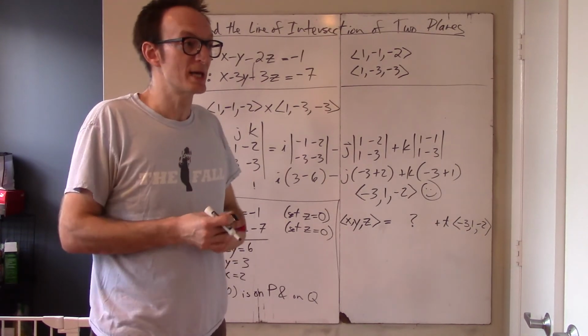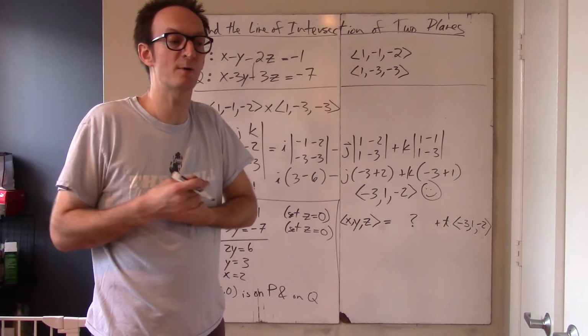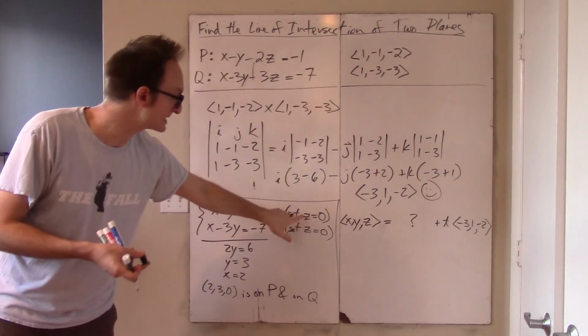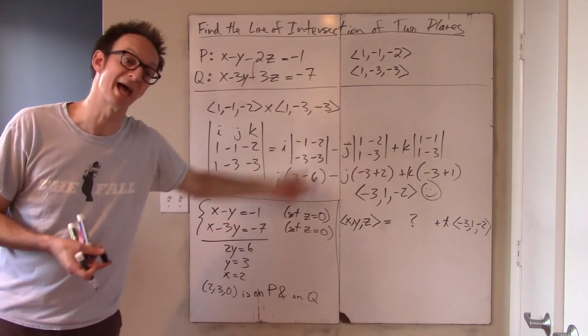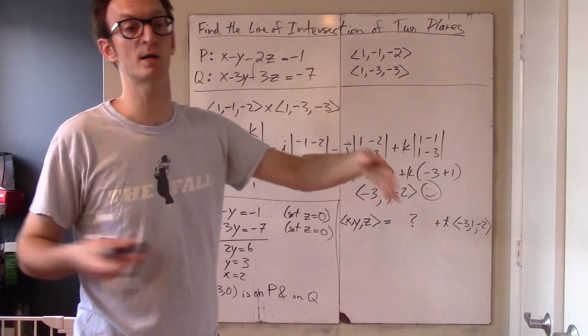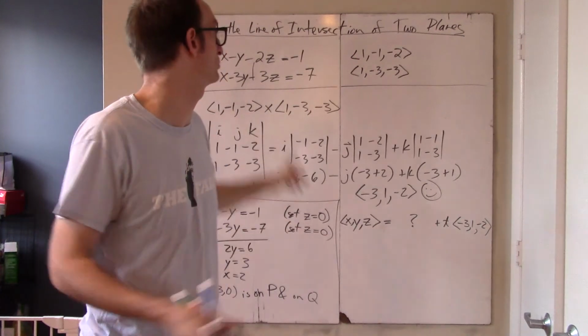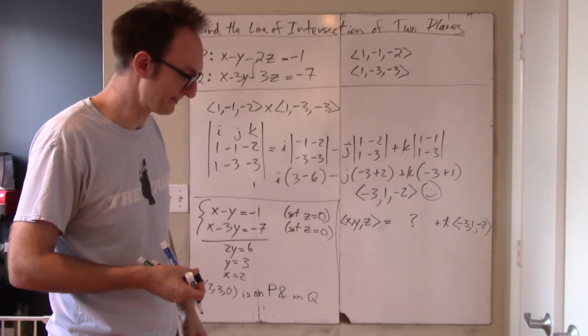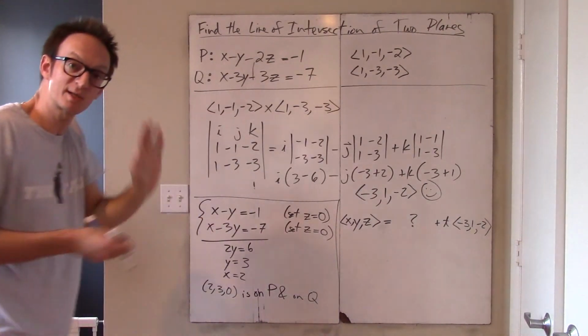If you've been following this, there was nothing special about the plane z equals 0. We could just as easily have set z equal to 1, say, and that would have given us a point (something, something, 1). It works perfectly well too.